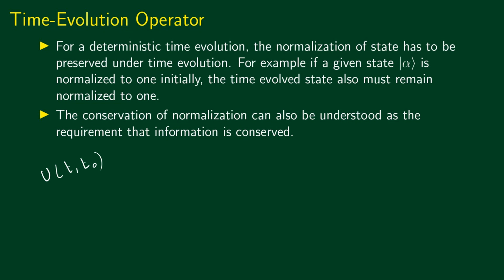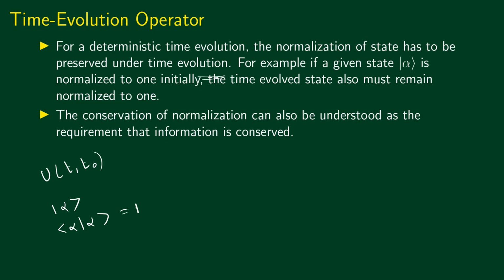It can be seen that information will be conserved if the normalization is preserved under time evolution. What do we mean by normalization is preserved? This means the following. Suppose the state at time t0 is |α⟩, and we are usually using normalized states, so let's say that ⟨α|α⟩ is equal to 1.